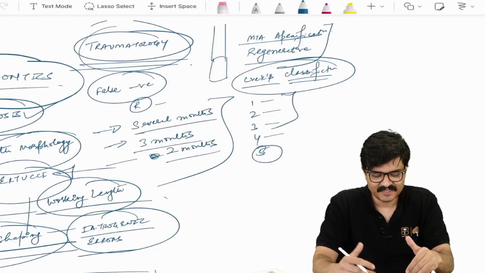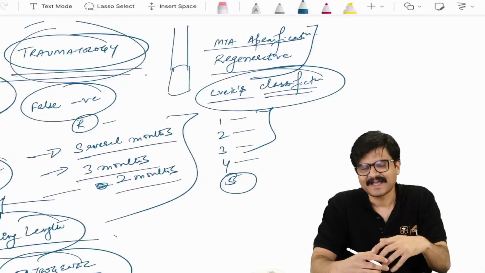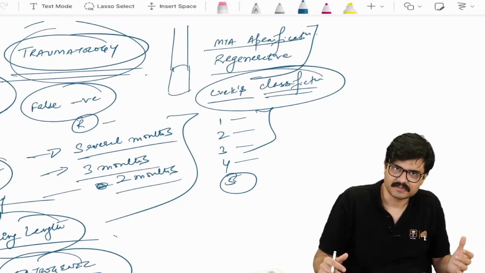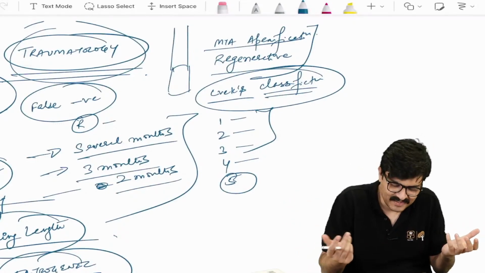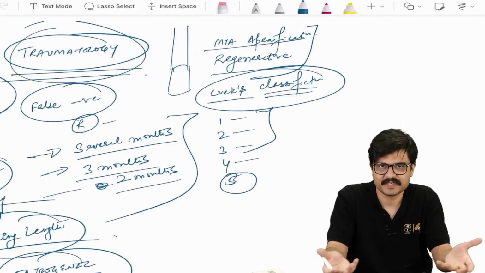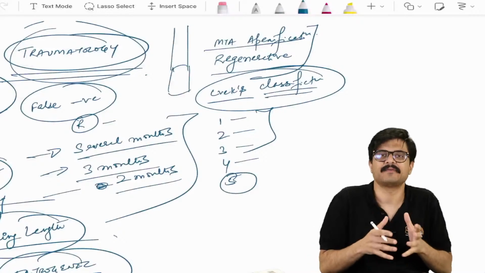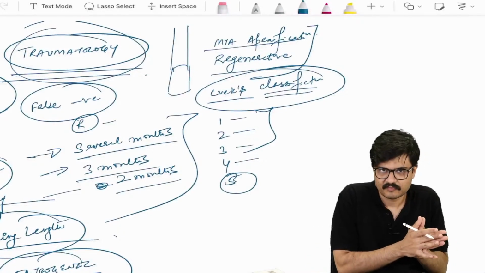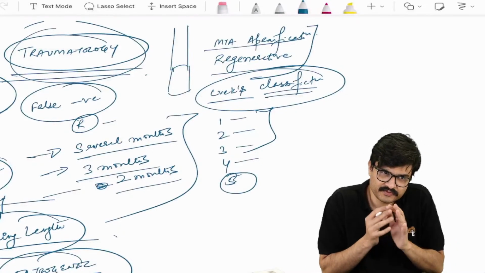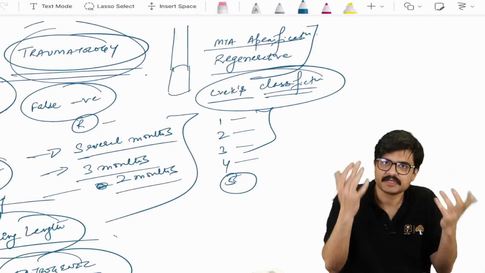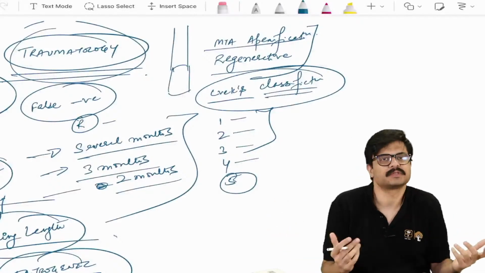So similarly, don't get hassled by the enormity of the situation, how tough it is. These are the things that you're supposed to do. I've told you, right? And this is the same for all the subjects. All the subjects will have standard questions, will have some tough topics in which you will need repeated revision for them to stick into your head, and there will be some controversial questions.